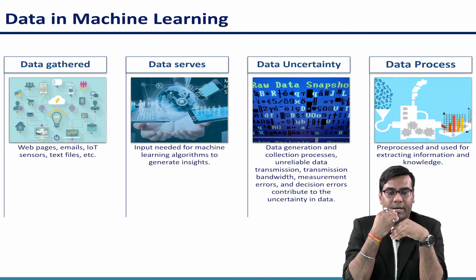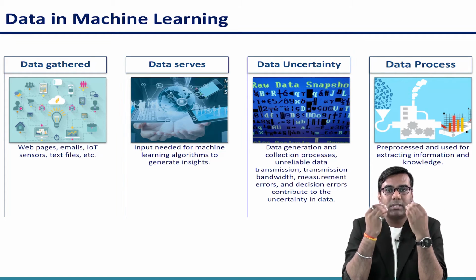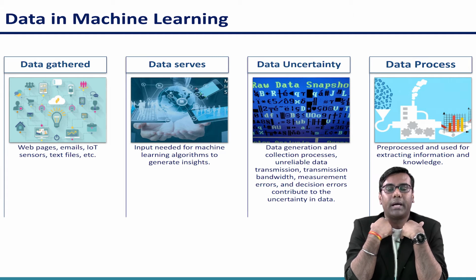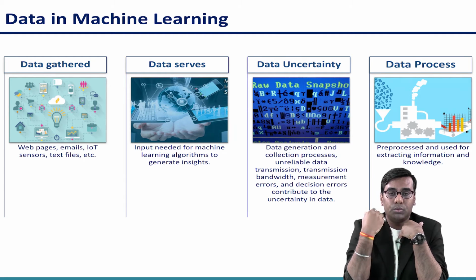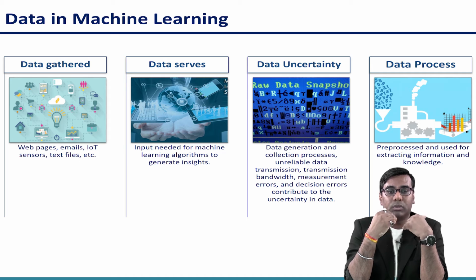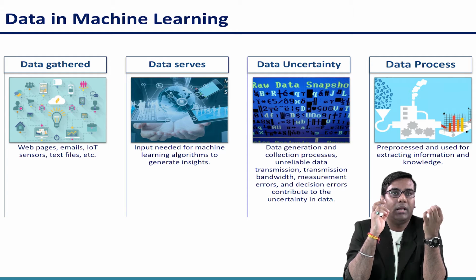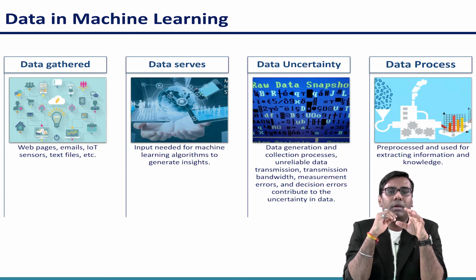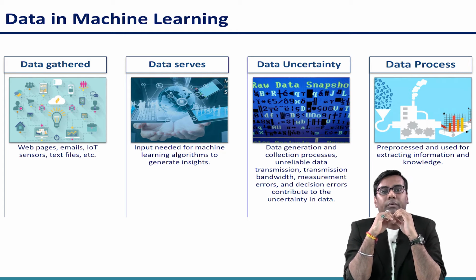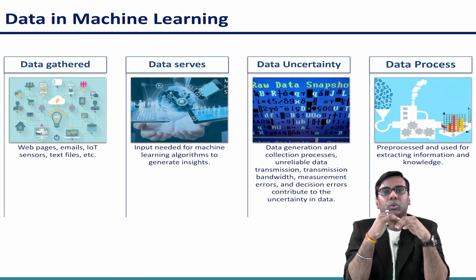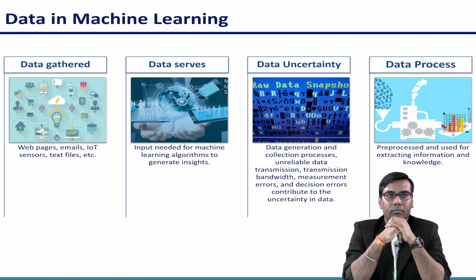Like now, currently I'm speaking and you're listening; this information coming from me to you is data. So where can we get data? Web pages, email, internet of things, sensors, text files, anywhere. Whatever we are seeing, we get data from different resources.